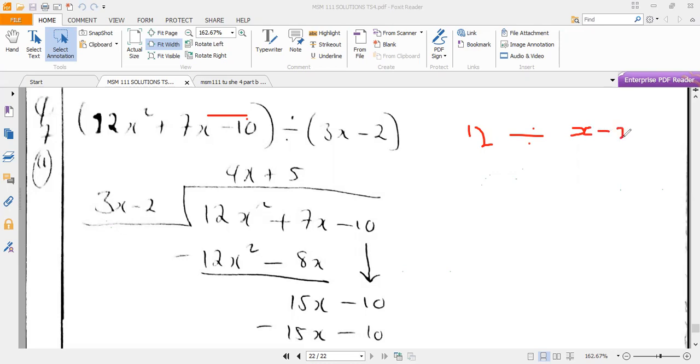Minus 2, isn't it? Then there's something like this here. So imagine that this guy is your polynomial, the one you're dividing by this guy, isn't it?